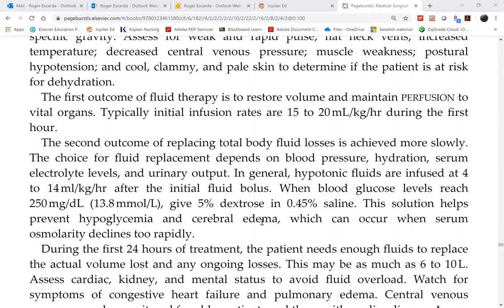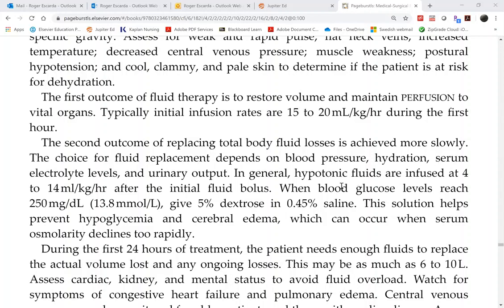Okay, so let's review. Patient comes in, you gave oxygen, you have IV access, you hang 1 liter of normal saline. So it could be 1 to 1.5 liters, again, depending on the patient's weight. So while this is infusing, we cannot start the hypotonic solution, correct? Because this thing is still running.